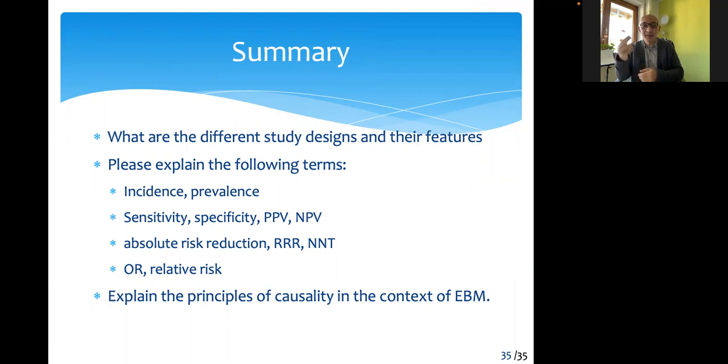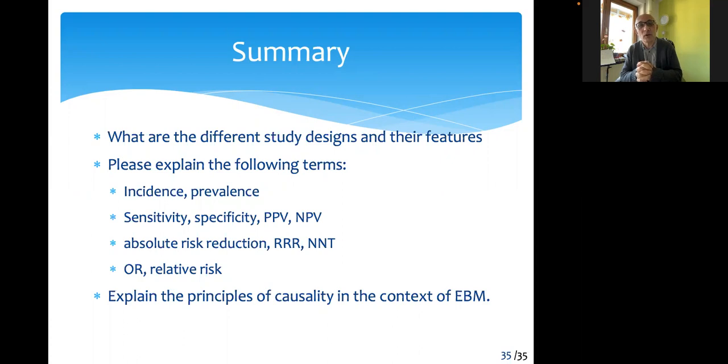Okay, what did we discuss today? Although I had very simple 3 objectives, these were very important and detailed objectives. We discussed the different study designs and their features, and we discussed the incidence, prevalence, positive predictive value, negative predictive value, relative risk reduction, number needed to treat, odds ratio, relative risk, a lot of epidemiological terms.